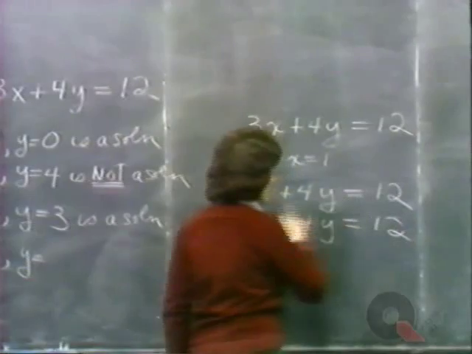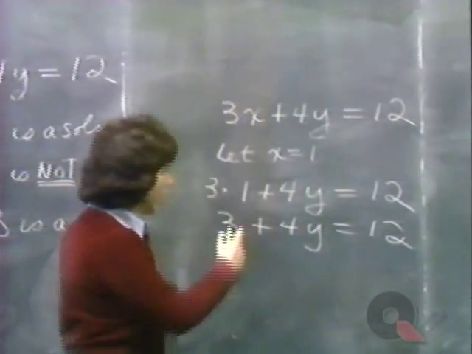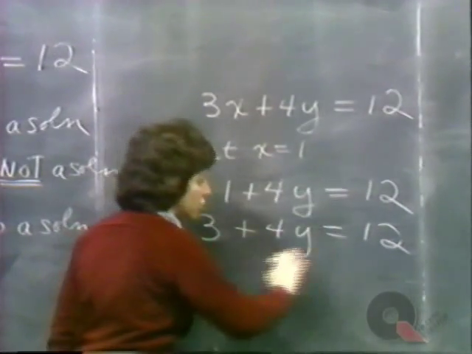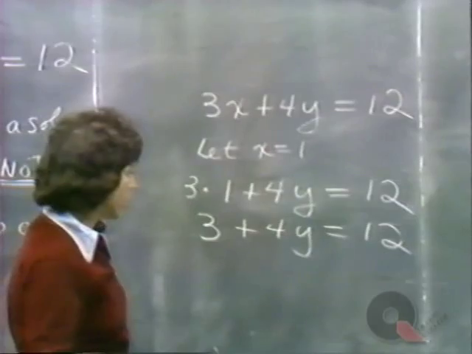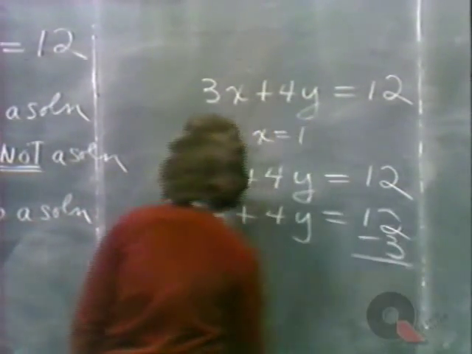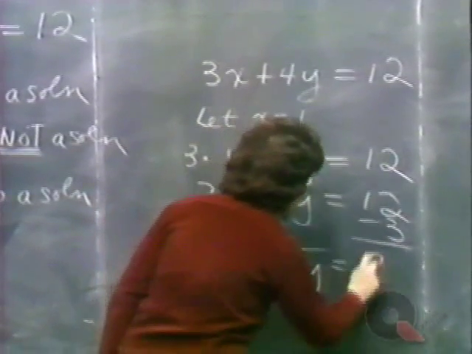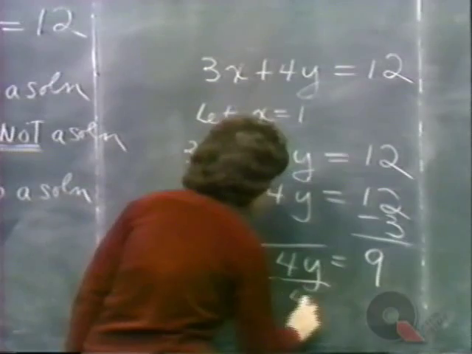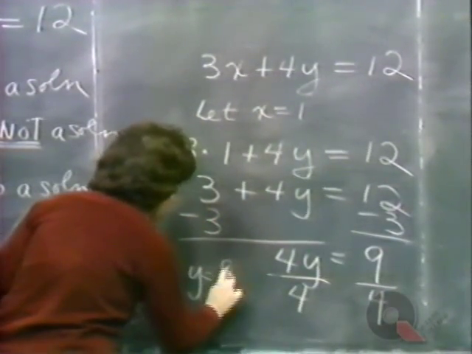You see we have an equation in just one variable. If you substitute a value in for x, for example, x equals 1, then you have an equation in just y. You solve this the way you've always been solving equations in one variable. We'll subtract 3 from both sides, and we'll get 4y equals 9, and divide both sides by 4 to get y equals 9/4.